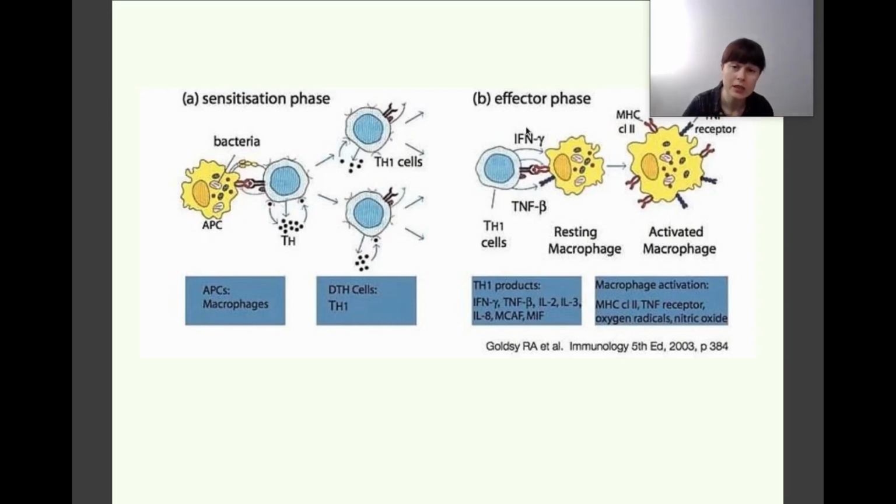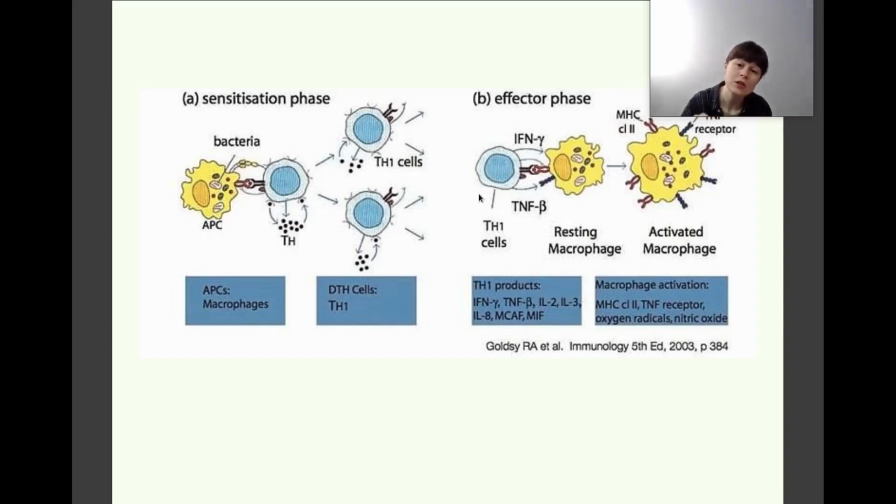In the effector phase, these Th1 cells have subsequent contact with the antigen and secrete a variety of cytokines, and these cytokines can attract and recruit inflammatory cells, again such as macrophages, at the site of reaction.